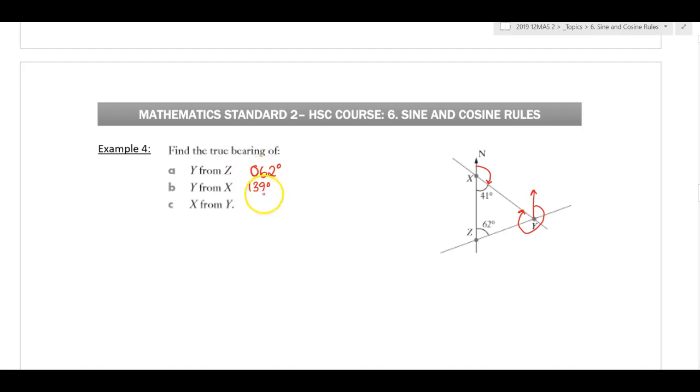I can't take 180 away from it, so I add 180 to it. And that gives me 319 degrees. And that looks about right to our diagram there. We said more than 270. 319 degrees. They're our true bearings.